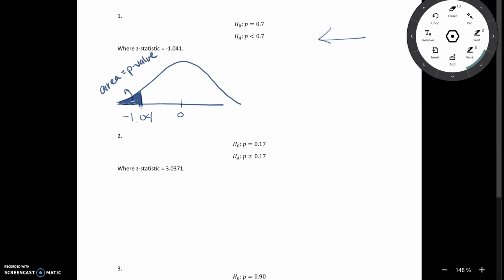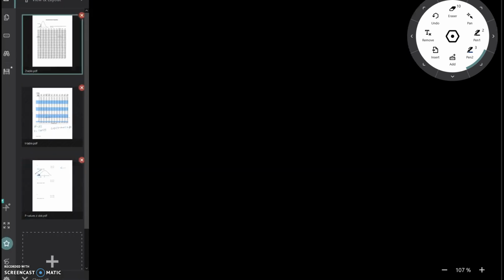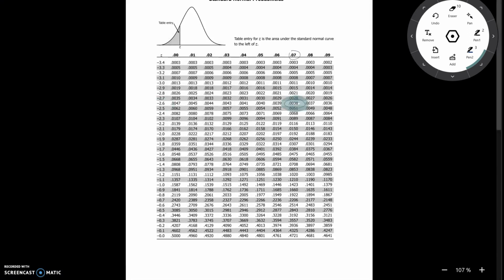We can use the standard normal table to help us find this area, just like we did back in Module 7 when we found the areas under curves. So we're going to go to our standard normal table. We've got that z is equal to negative 1.04.